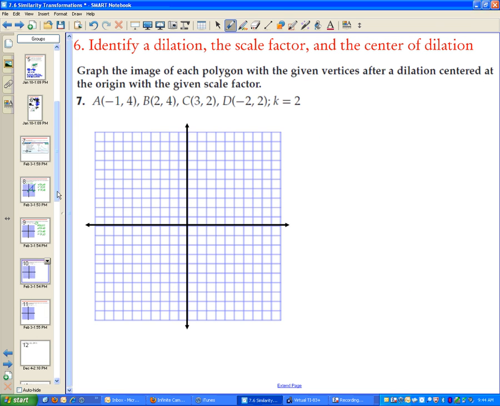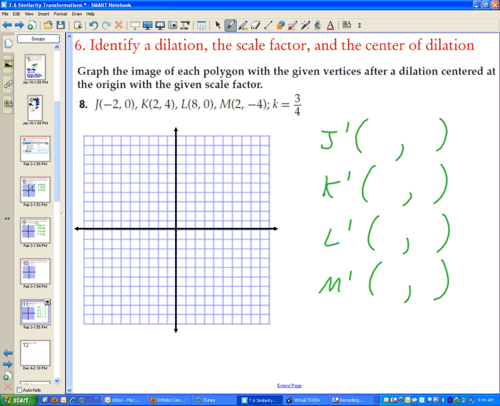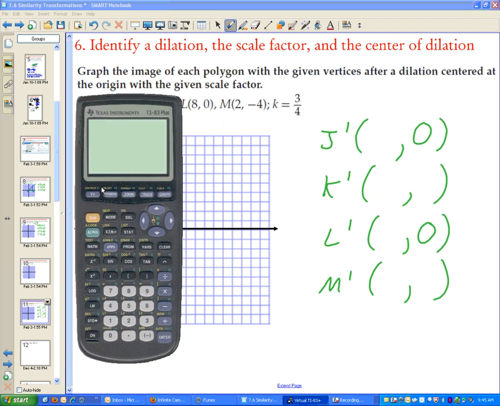Multiplying by 2, that's easy. Multiplying by 3/4, that's a bit more challenge. Let's find J prime, K prime, L prime, and M prime. All right. Multiplying it times 0, I'm good with that. So that one will stay a 0. That one will stay a 0. All right? Don't be embarrassed to get your calculator out.